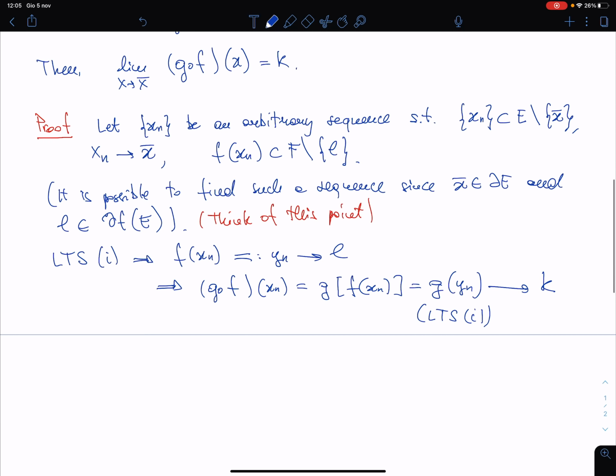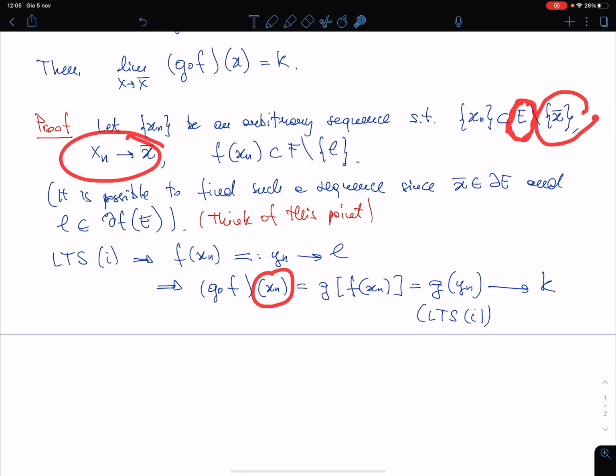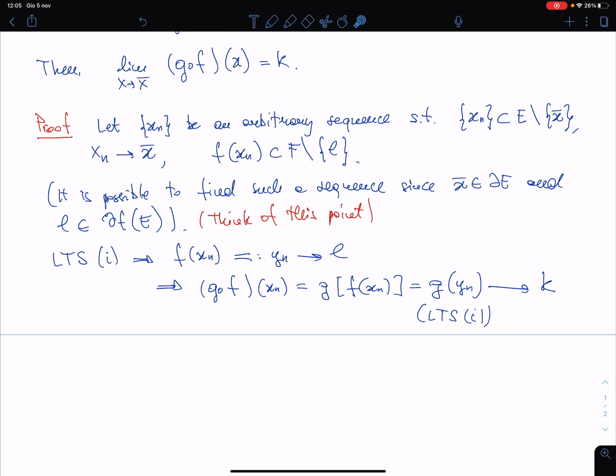But now what we proved is that for an arbitrary sequence xn that goes to x bar, always remaining in the domain of the function and then of the composed function, and never going exactly to the basis point x bar, the limit is equal to k. So now we apply LTS2.